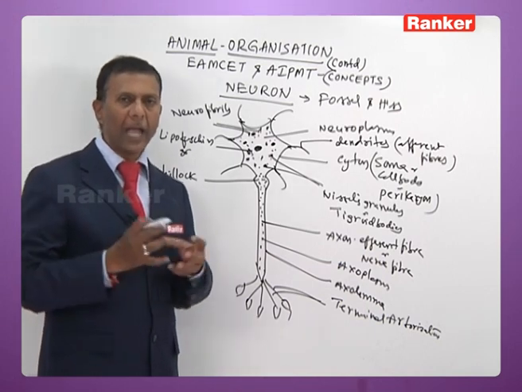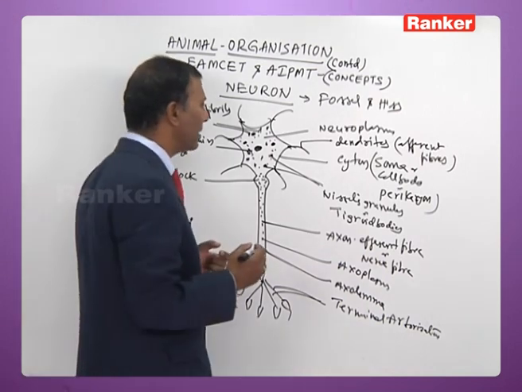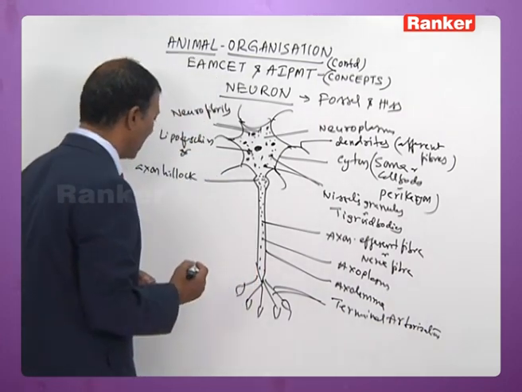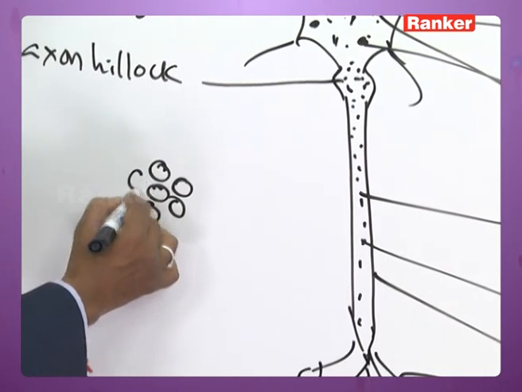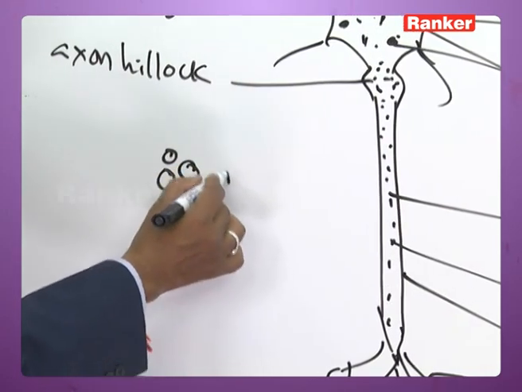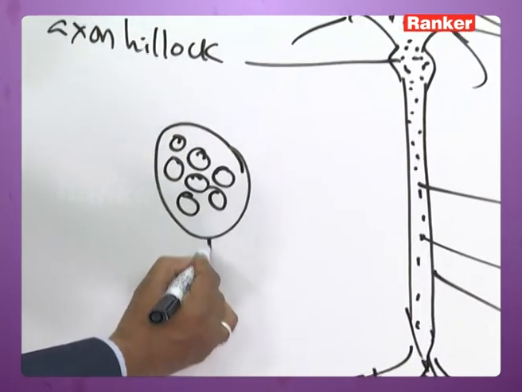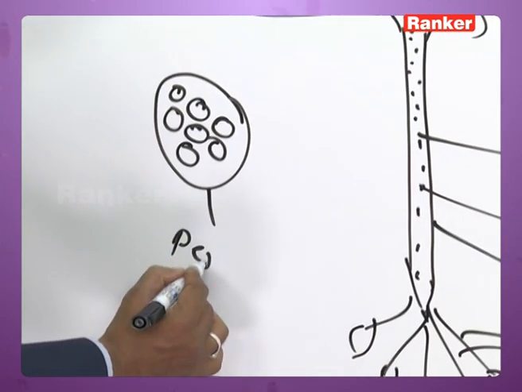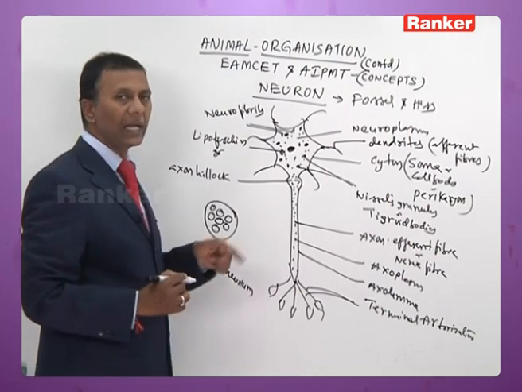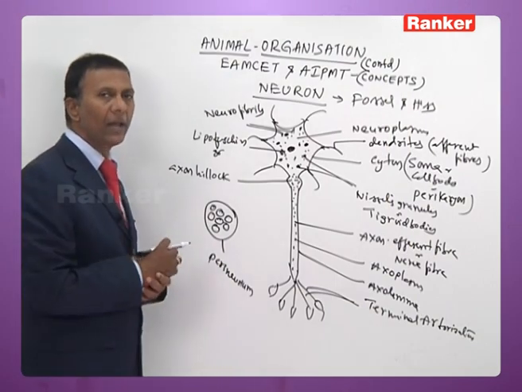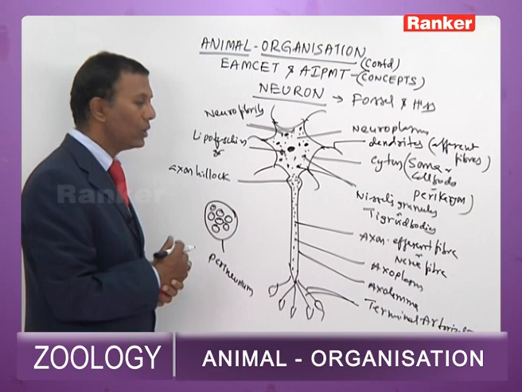Now, many axons or nerve fibers come together to form a nerve, and the nerve is covered by a connective tissue sheath called perineurium. The connective tissue sheath that ensheaths a nerve or a bundle of nerve fibers is called perineurium.